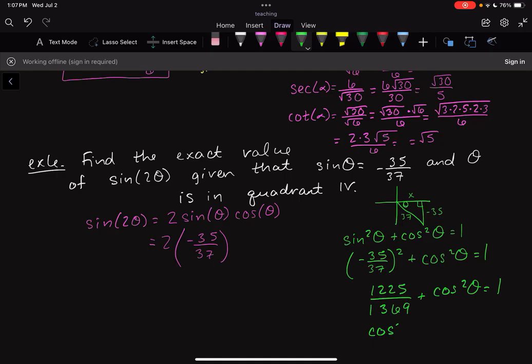So then I'll subtract that fraction over by the other side, which is going to give me 1369 over 1369 minus 1225 over 1369.